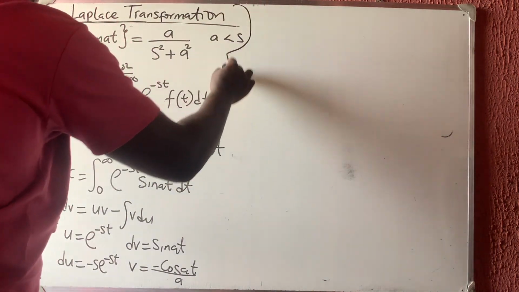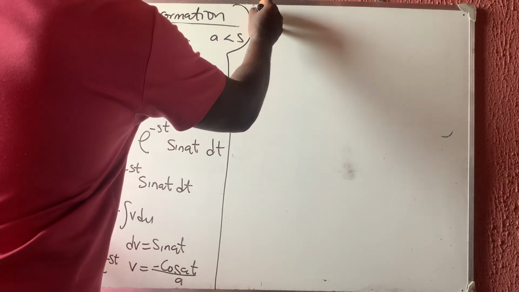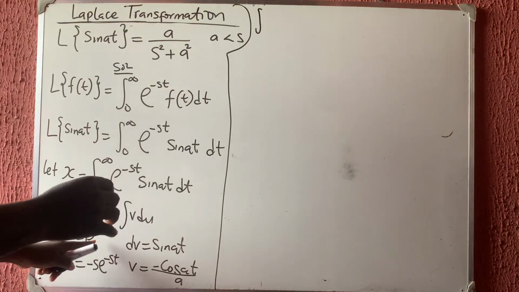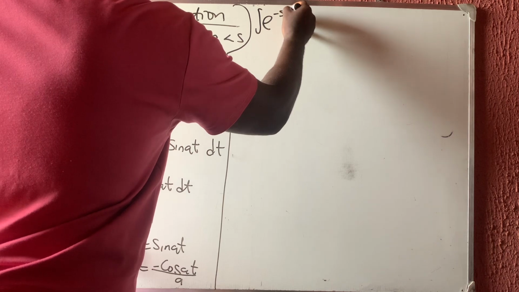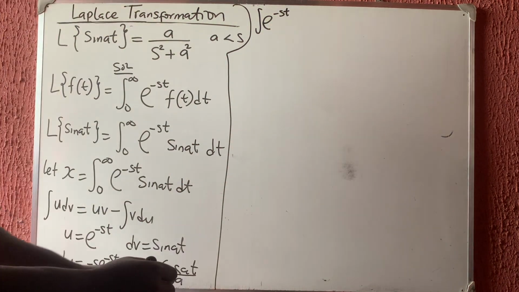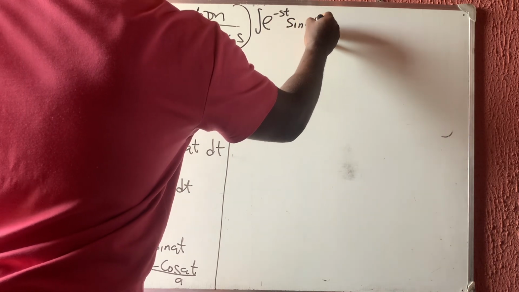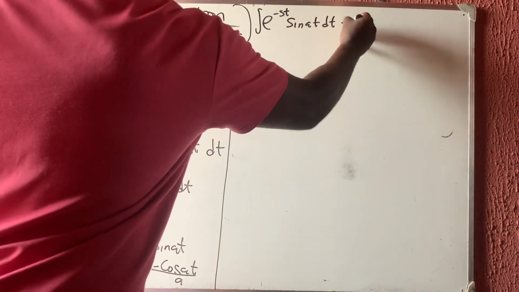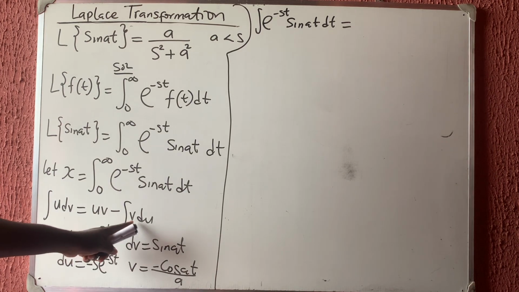If you have known this, let us now substitute. We'll be needing a lot of space for this. So let us substitute. This is now the integral of my u, e raised to power minus st, then my dv, sine at dt, is equal to uv minus the integral of v du.